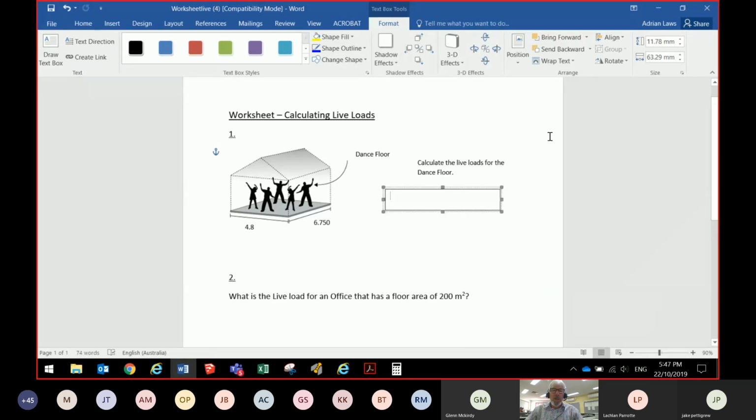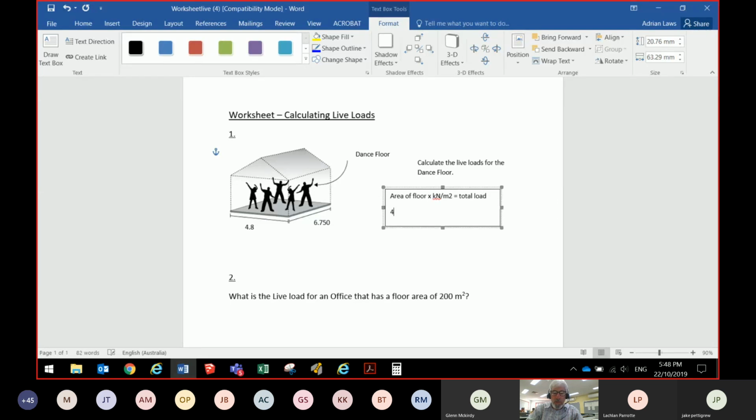So in this particular case, we have to find the area of floor, and then we times by the kilonewtons per meter squared, and that equals the load. So you just do that little calculation.